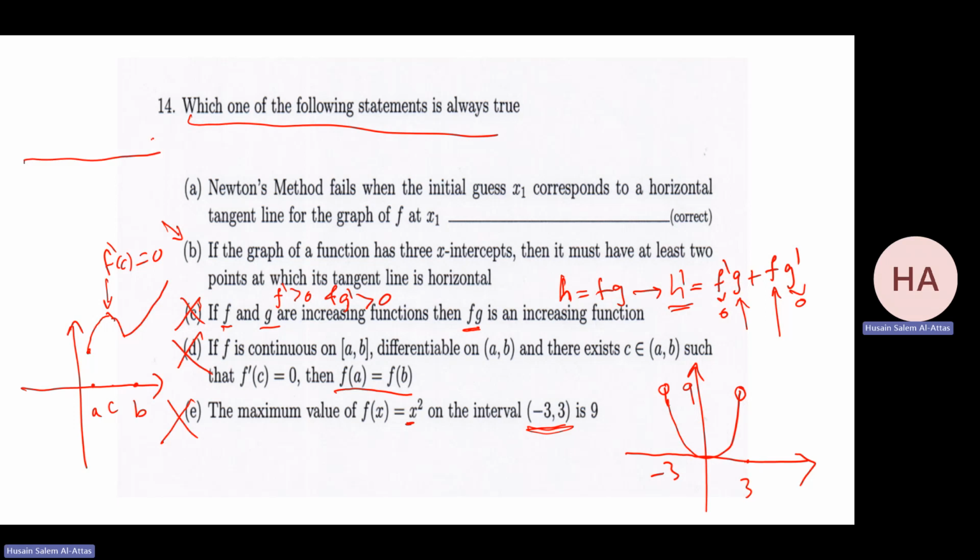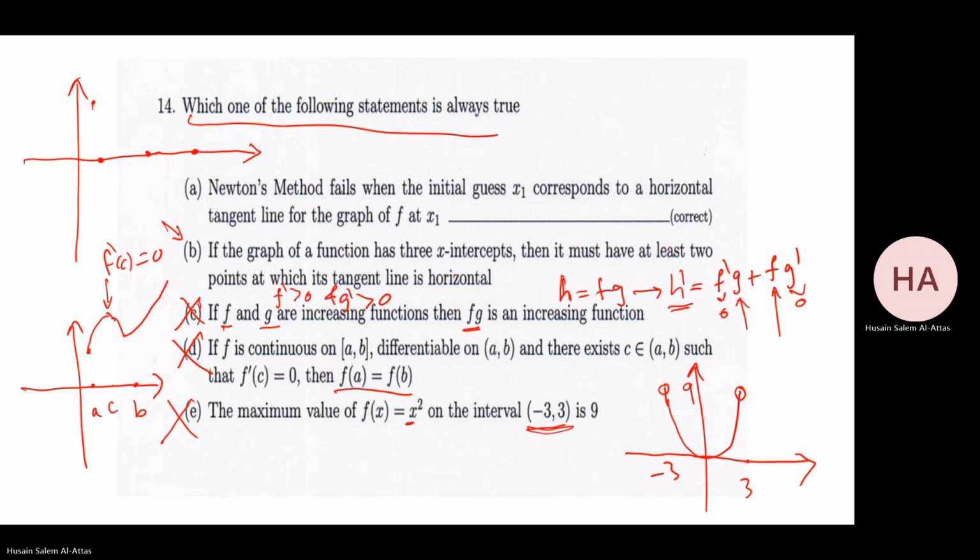For example, see this graph. I have 3 x-intercepts, 1, 2, 3. I'll make a function that is not continuous, where it has no tangent line.